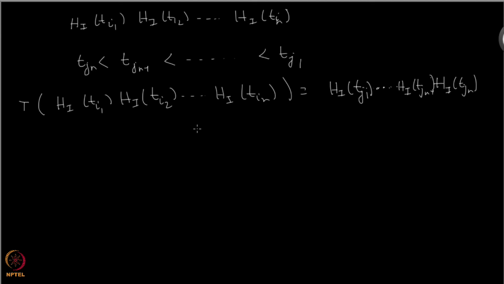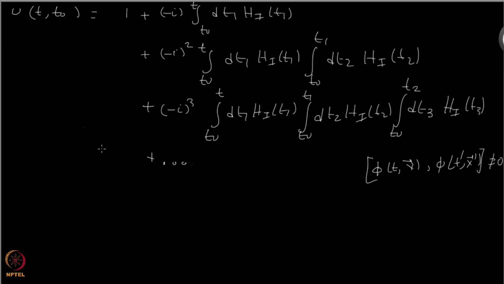Okay. So what I can see is that this expression I can write using the new definition that I have written: 1 plus minus i, and there is nothing to be done here.